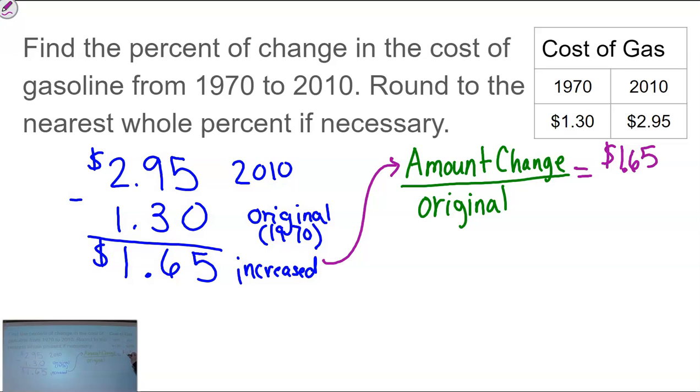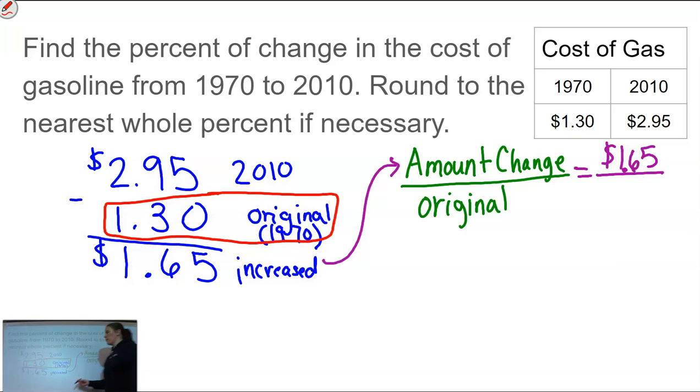And what is the original amount? The original amount is right here, $1.30. So for the original, I would put $1.30. Then in my calculator, I would do 165 divided by $1.30.